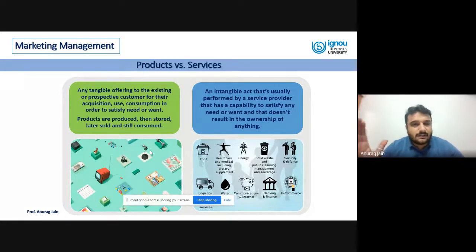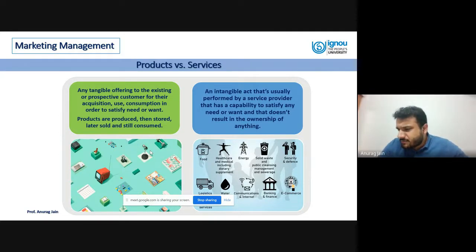It is not required that you consume the product at the same time. Up to the durability that the product promises, and when and where you require it, you can carry it with you and use it. So products are produced, then stored and later sold, and can still be consumed at any point in time.